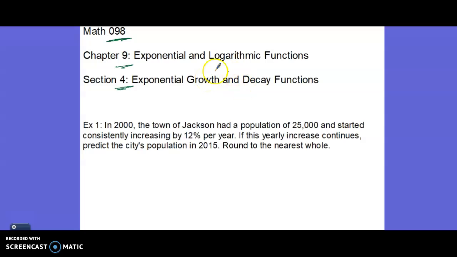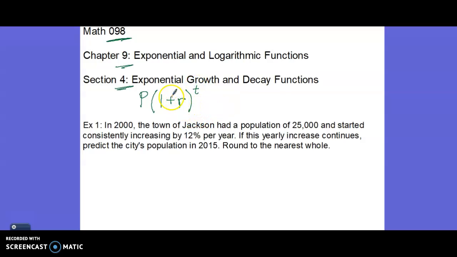And when we talk about this problem, I'm going to use the letter P because a lot of students are used to using P for principal, but this is just a variable. With growth, we're going to be using this formula, P(1 + r)^t.